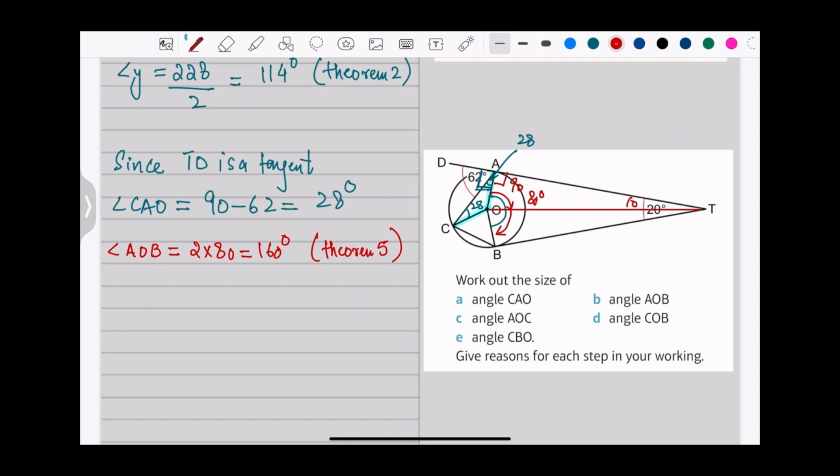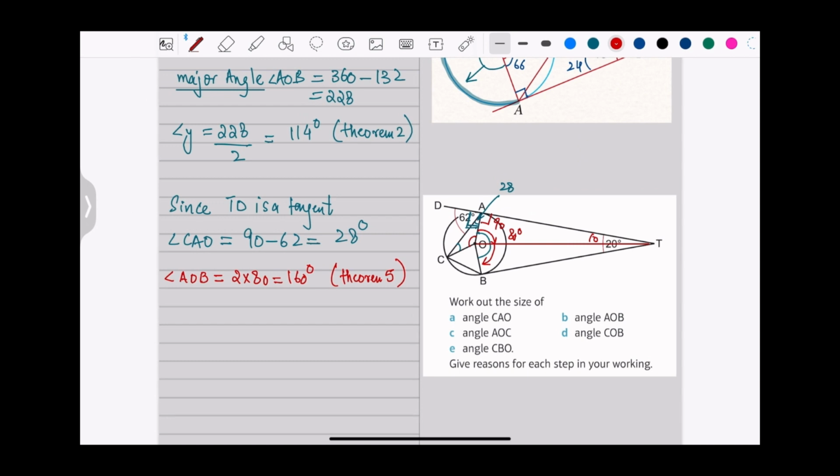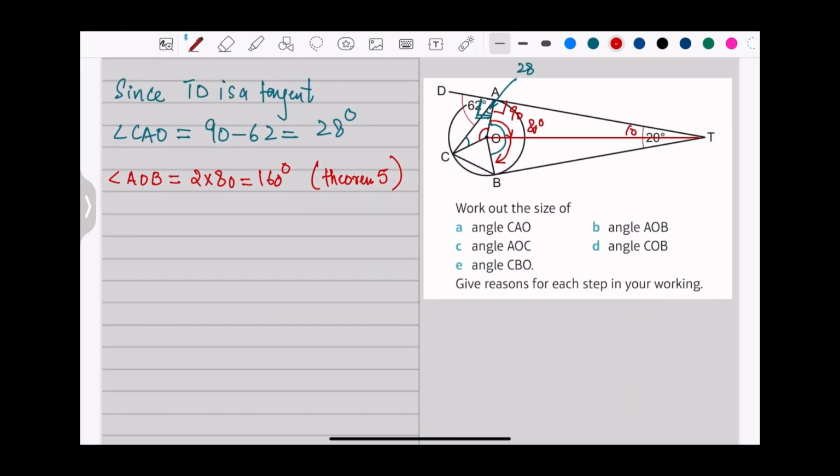Now for angle AOC, I can find this out, this much. So I'll erase. So this angle here, AOC, this one. As I know that that is 28, I'll just simply do 180 minus 28 minus again 28.